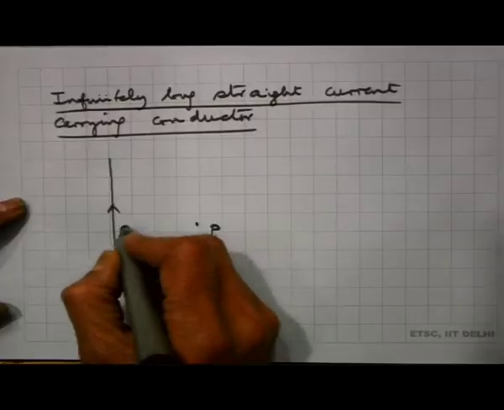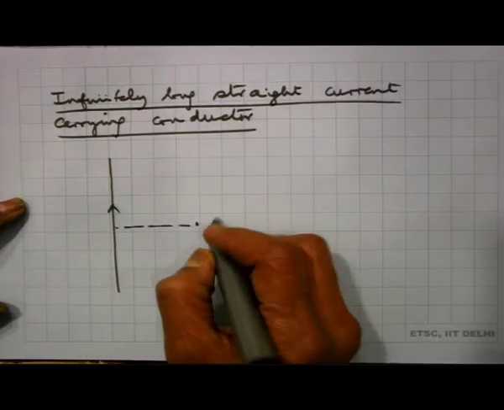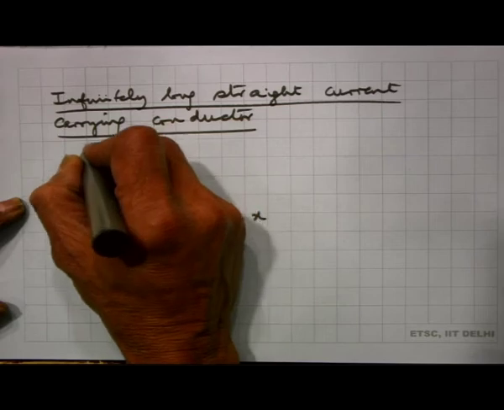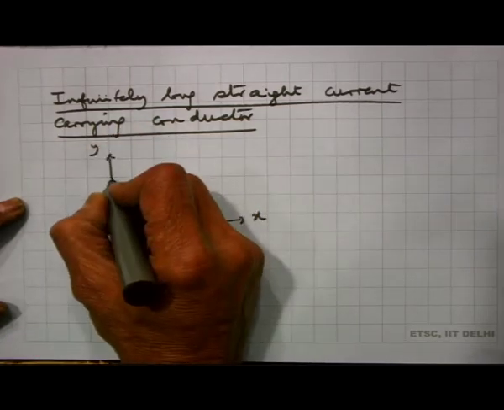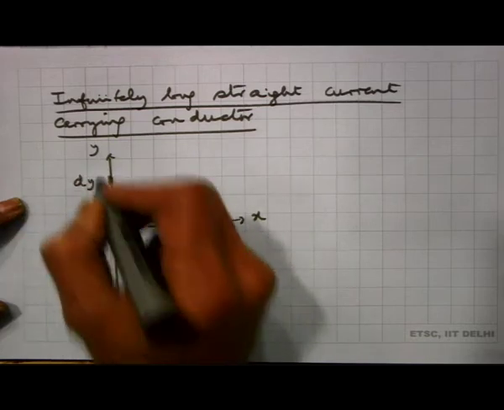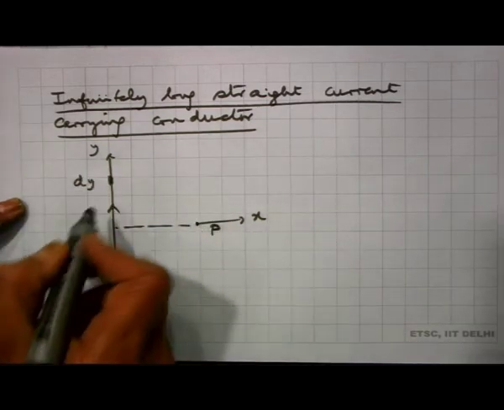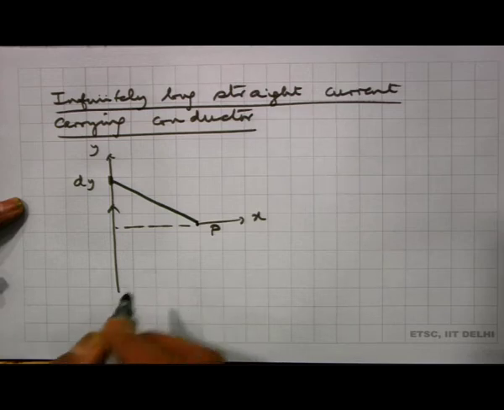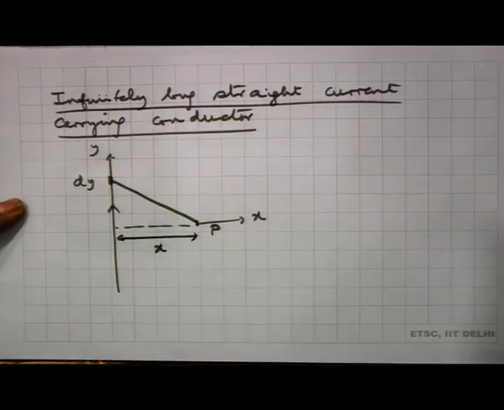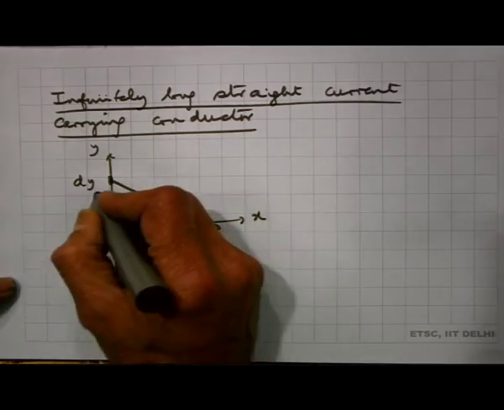For this, let me assume that this is my x axis and this is my y axis, and I take a small current element dy here, and this is my point here and I join this. Let me assume that this distance is x and this distance is y.